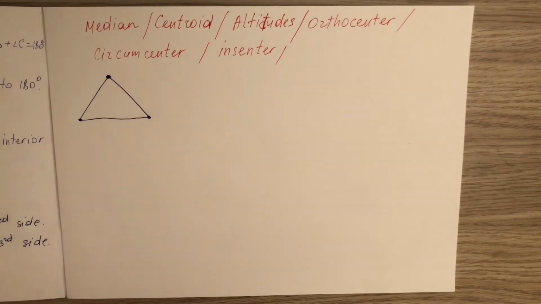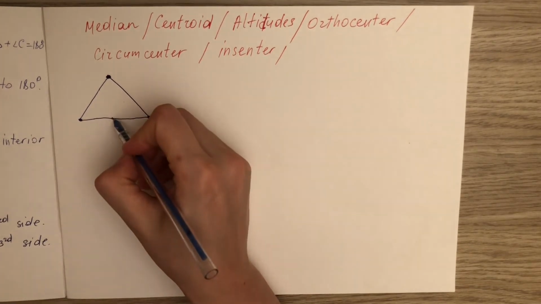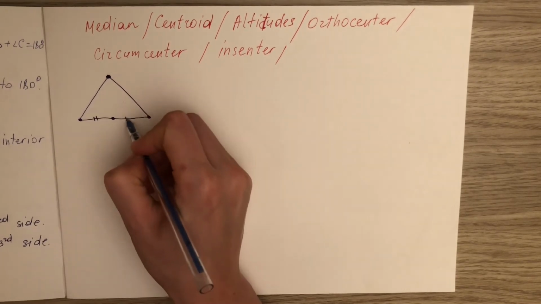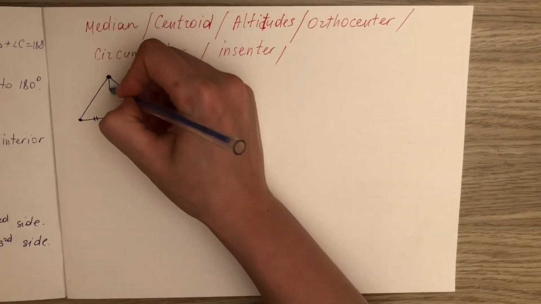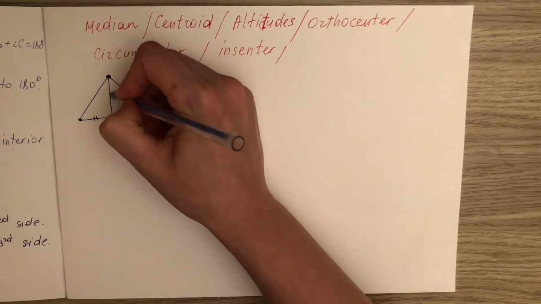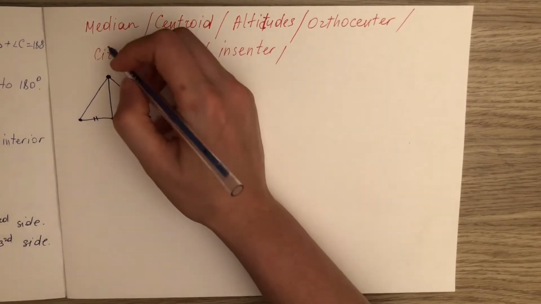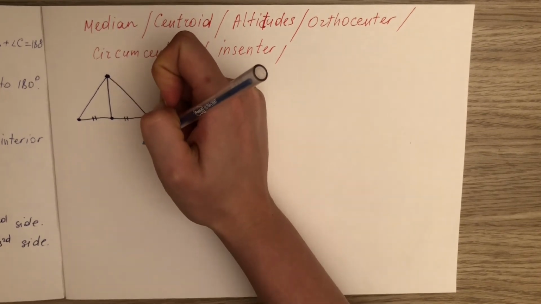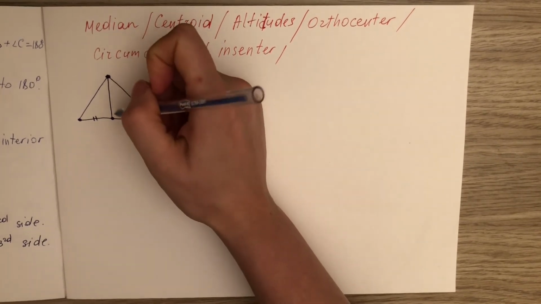The line segment joining the midpoint of the base of the triangle, midpoint. This is midpoint, okay? If we join the midpoint of the base of the triangle, this is called median.